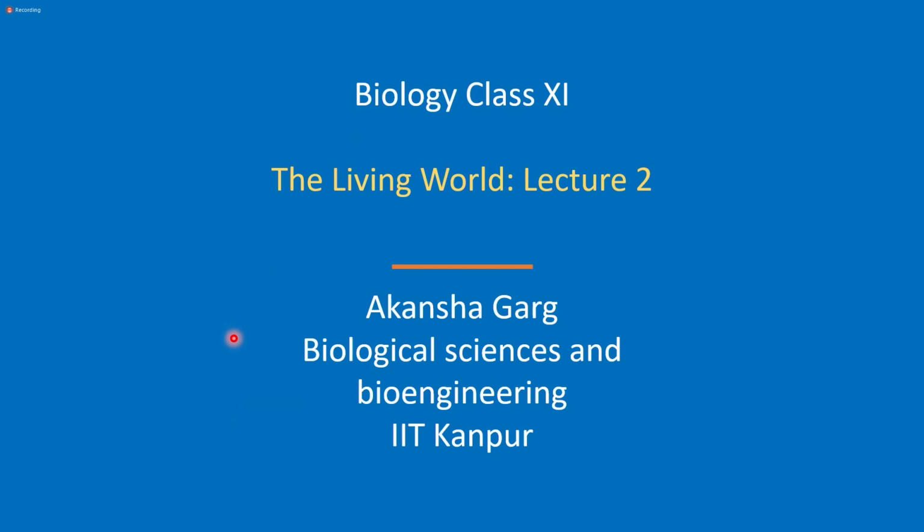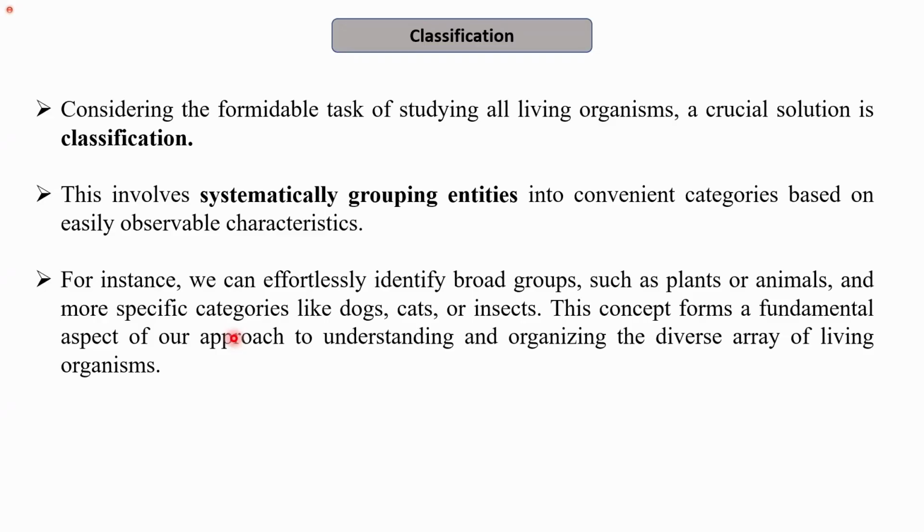Why is classification really important? Because there are a large number of living organisms present in our environment, a crucial solution to identify or understand all of them is to classify them into different groups. By understanding a particular characteristic of a group, we can assign those characteristics to all the members of that group.